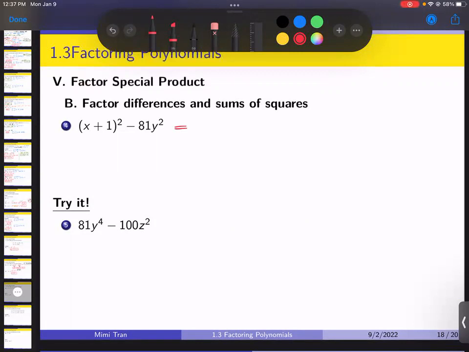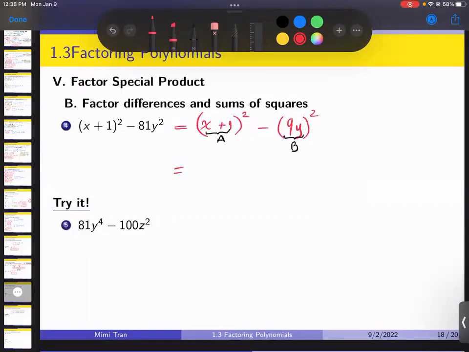That's your big A. Whatever inside the parenthesis with the square outside, that's your big A. So x plus 1 squared, I'm gonna rewrite that. And that right there, that's my big A. Minus 81y squared, I'm gonna rewrite it as 9y quantity squared. And whatever inside the parenthesis, that's my big B.